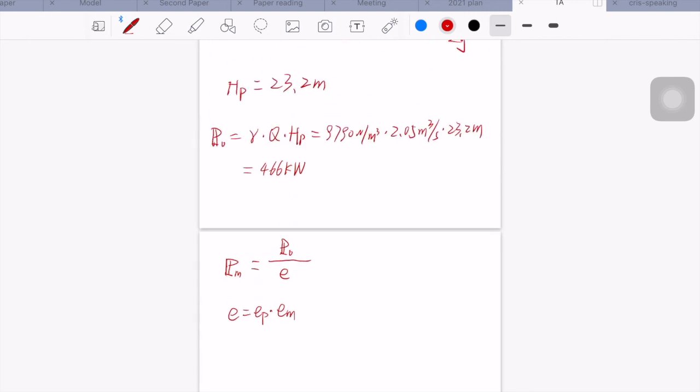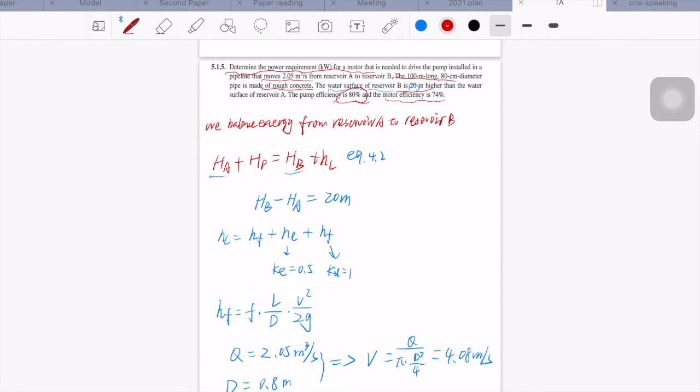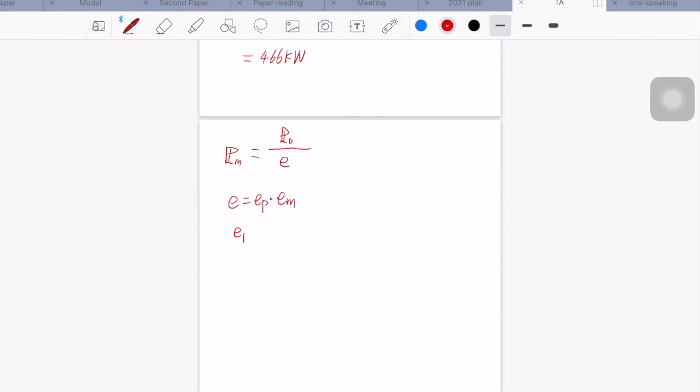From the problem, we know ep equals 80% and em equals 74%.